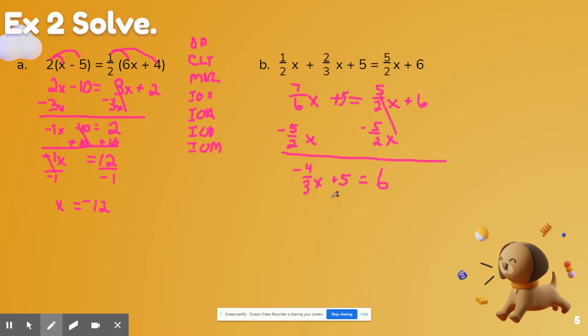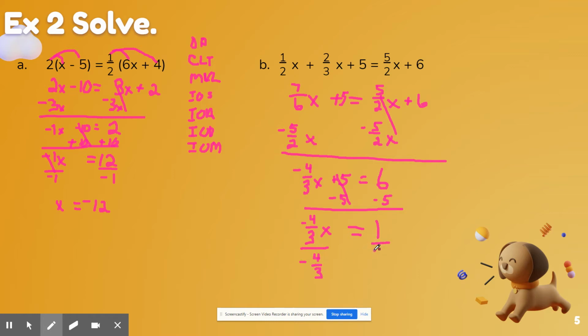And then I want to move everything to the right. So I'm going to subtract 5 because that's the opposite of plus 5. Negative 4/3 x drops down. The 5s cancel. 6 minus 5 is 1. This means negative 4/3 times x, so I'm going to divide by negative 4/3 so I can undo it just like I would before.